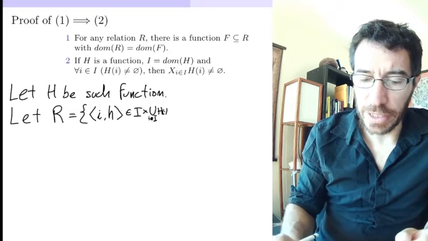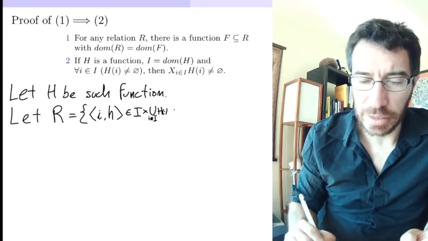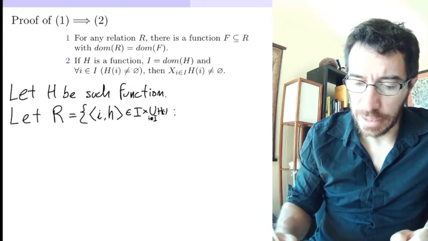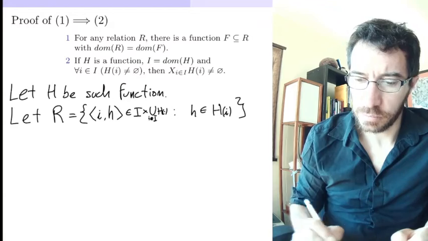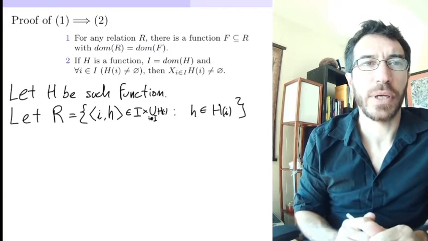So we consider the relation R that consists of all the pairs (i, h) such that h belongs to h_i.